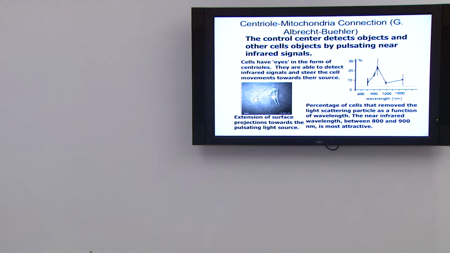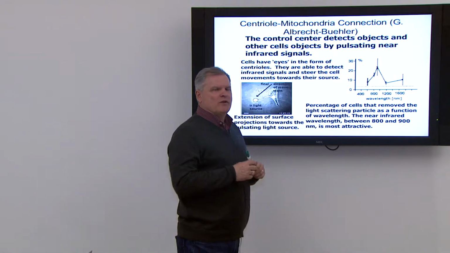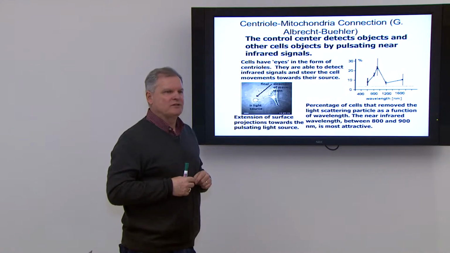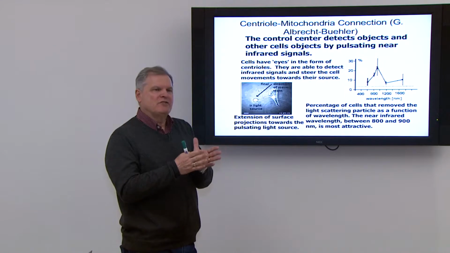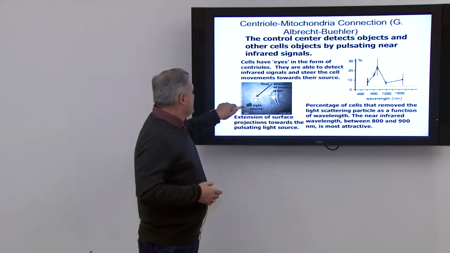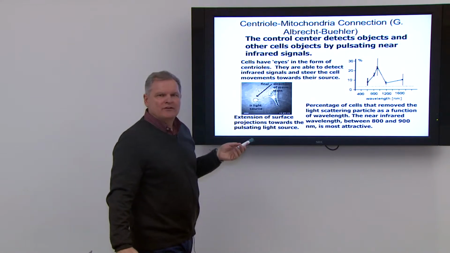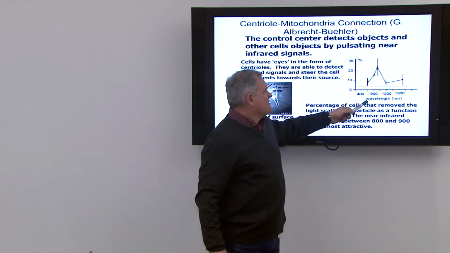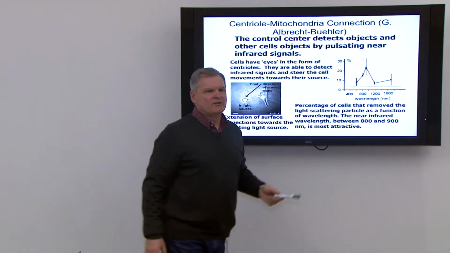And what he did was he then proceeded to find out at what frequency the cells would be sensitive to it. In other words, a source of electromagnetic radiation, a particular frequency, would mimic the behavior of another cell. And this is a reflecting bead, and he was using tunable laser light, and he found these peaks around 900 nanometers to 1,000. So that was basically the range over which there was a sensitivity.